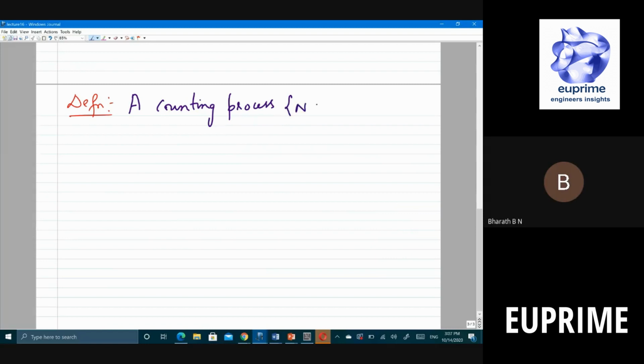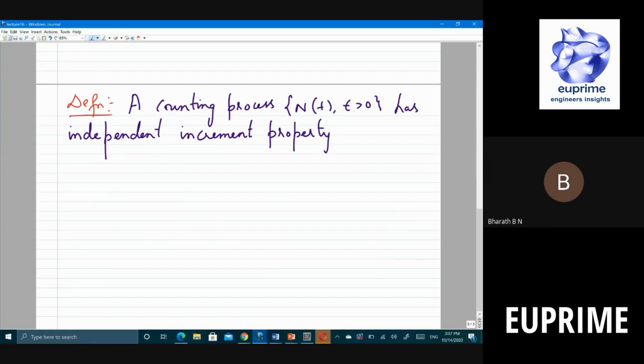N of t, t greater than 0, is a counting process, has independent increment property if you take an integer, for every k belonging to the natural numbers, and a k-tuple of times, let's say 0 < t1 < t2 < and so on < tk.